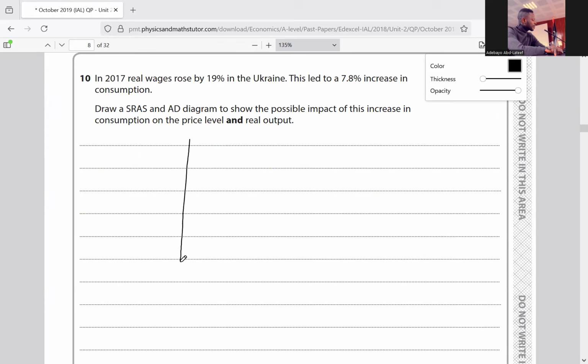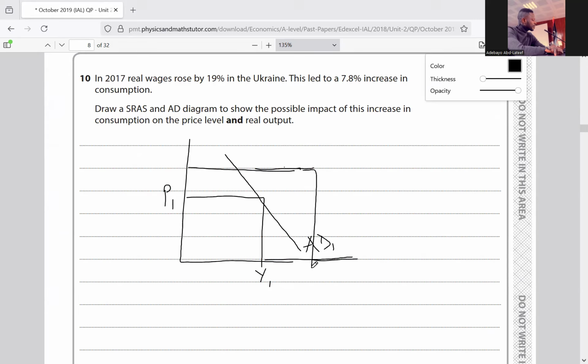So this is the graphical representation of what I just said now. P1. This is AD1. This is Y1. These are real outputs. Then we have AD2.